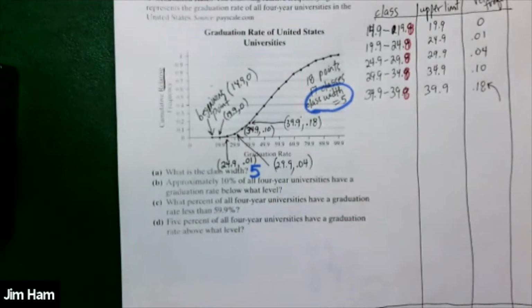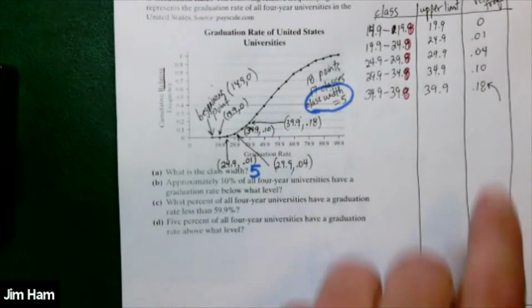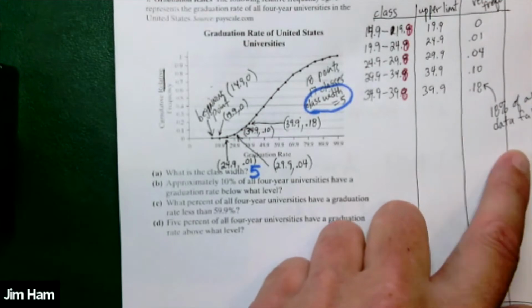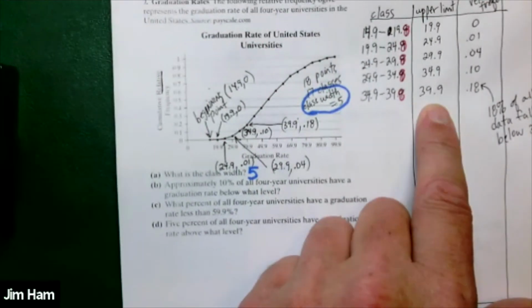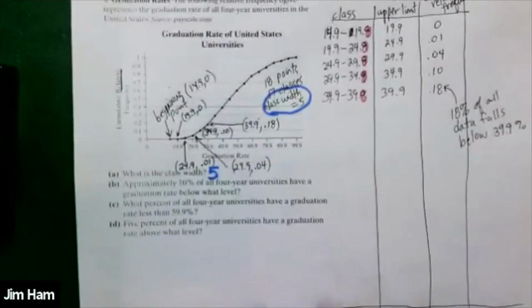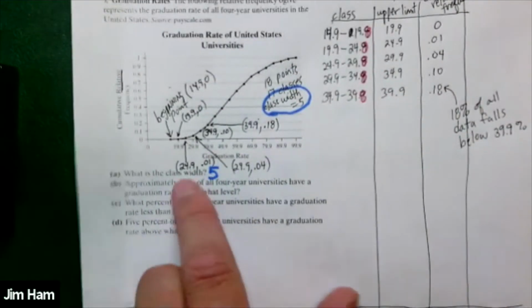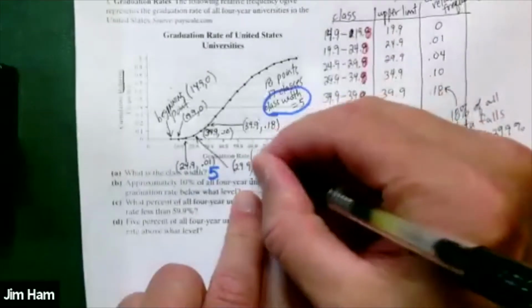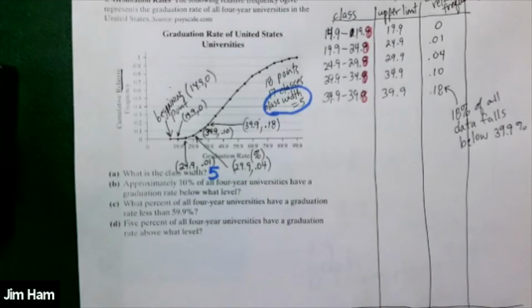If you wanted to interpret that 0.18, you would do this. 18% of all data falls below 39.9. And I'm only using 39.9% here because the graduation rate is in terms of percent. If it was some other unit on the x-axis, you would use that unit instead of percent.